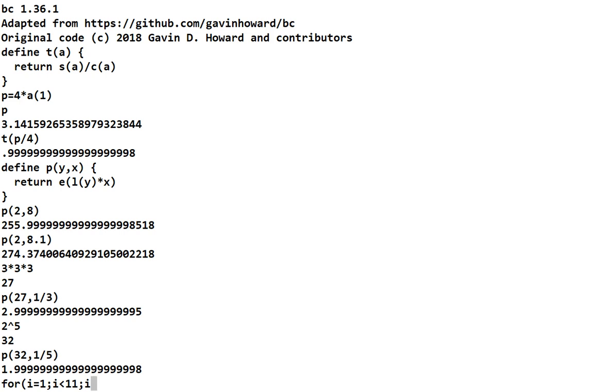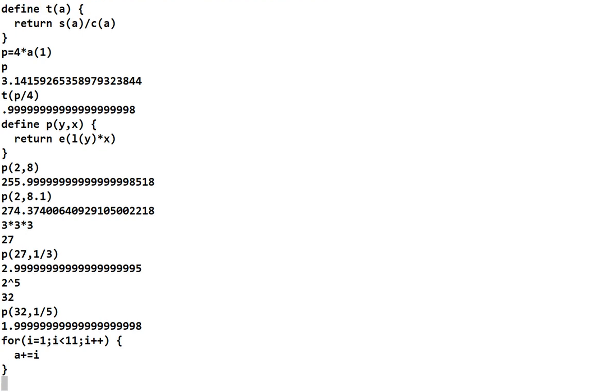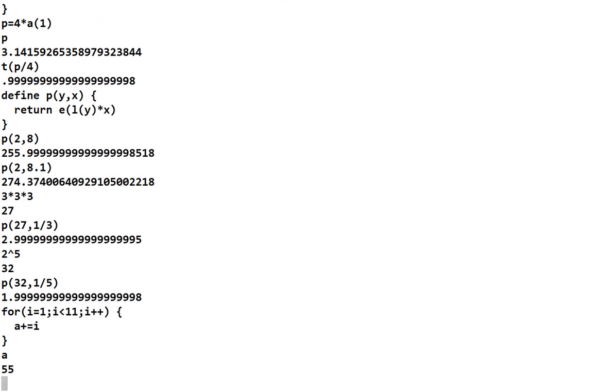That works very much like the C for loop. And you get 55. And you say, wait a minute, you did not initialize A.